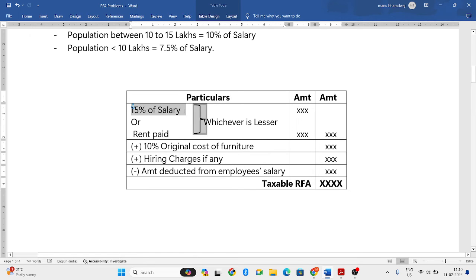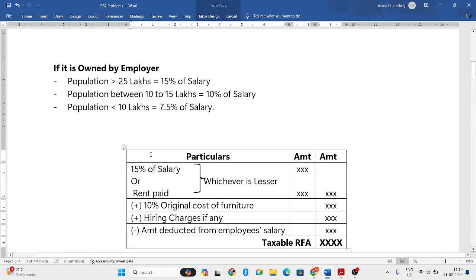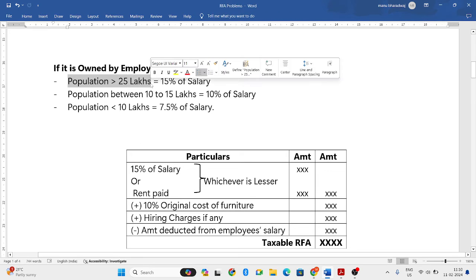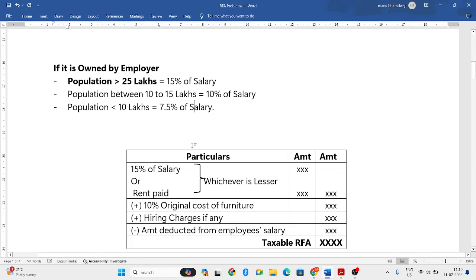Suppose we take 15% of salary, because I've taken a population of more than 25 lakhs.